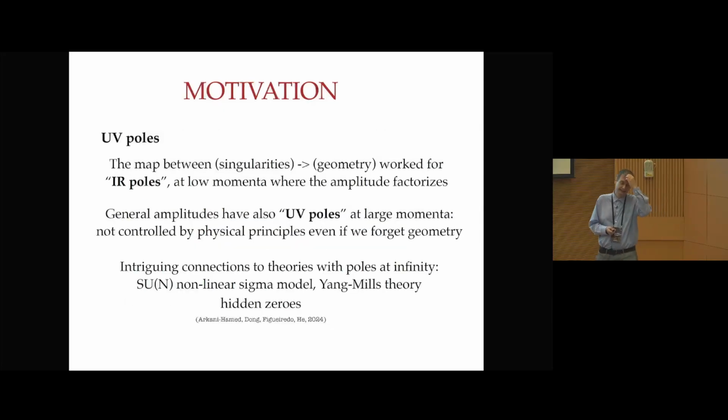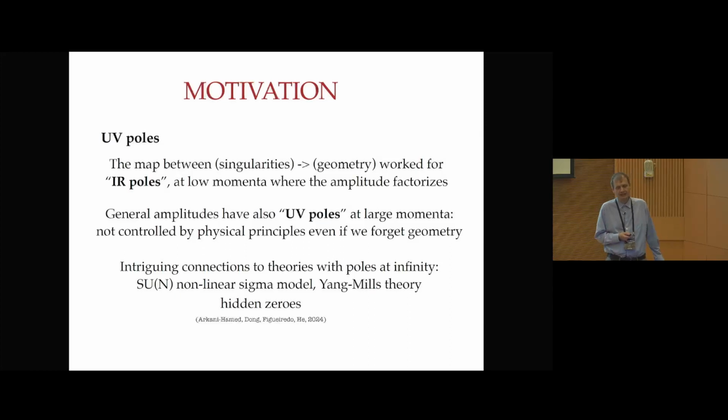And the other challenge is this map between singularities and geometry, because this worked extremely well for IR poles. By IR poles, I mean poles at small momenta when some p squared is 0, where p is a momentum flowing in a diagram, or p squared from the propagator.